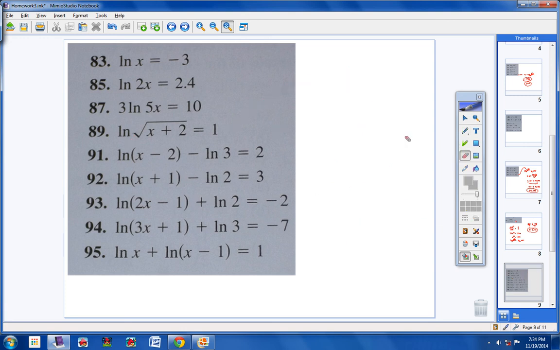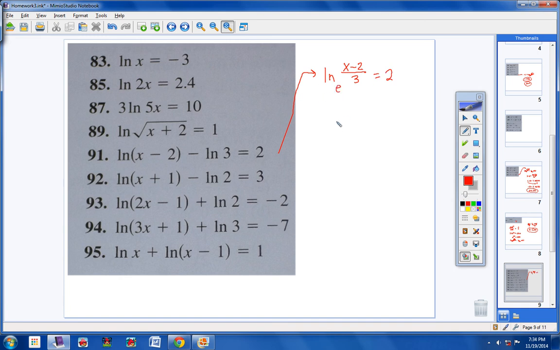Okay, here we go. Natural log of. Notice we have two logarithms here. There's a log, here's a log, and they're being subtracted. So let's condense them down to one logarithm, like this. Natural log of x minus 2 divided by 3 equals 2. Don't forget there's an e right here.